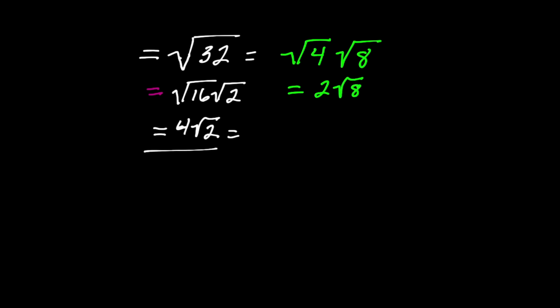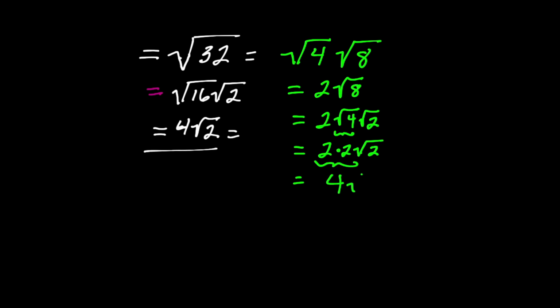But we learned on the previous screen that the square root of 8 is really the square root of 4 times the square root of 2. And the square root of 4 right here happens to be 2. So when I multiply 2 times 2, I get 4 root 2. So it's the same answer as over here.